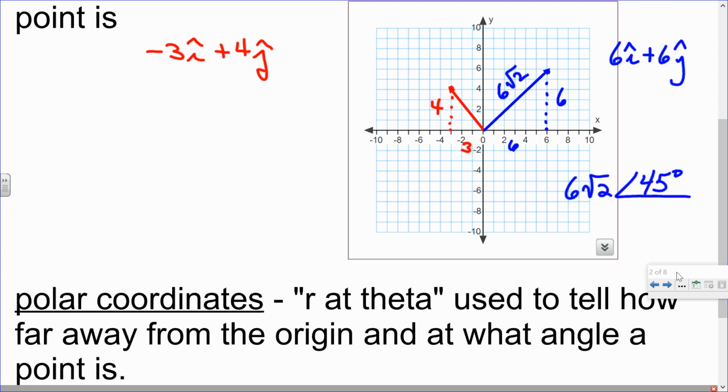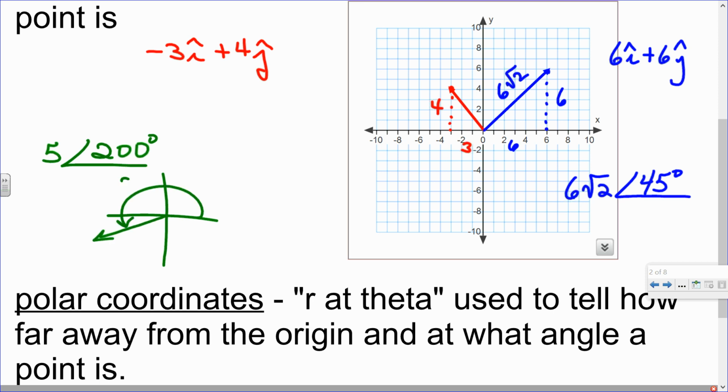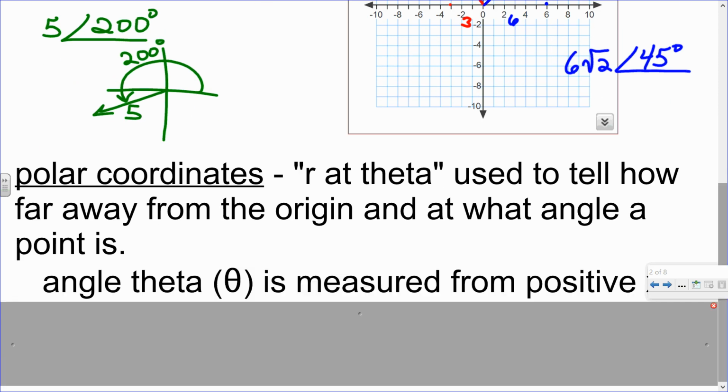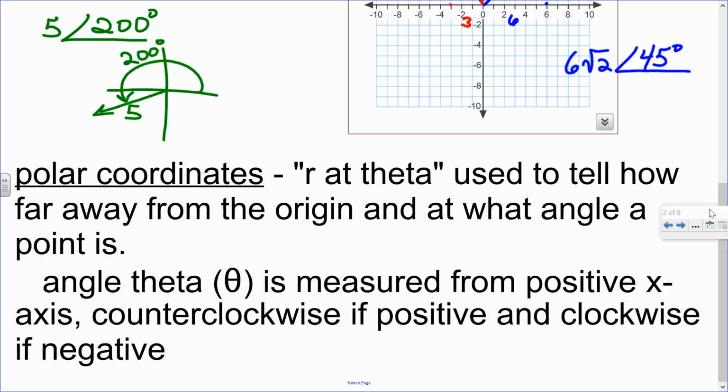We could have some that go into the second quadrant, or even the third. I might have had 5 at 200 degrees, which would mean from the origin, I rotate around in the counterclockwise direction, go to 180 degrees, go 20 past that, so that that's my total of 200 degrees. And I end up in the third quadrant with that one. Both of those I did with positive angles.